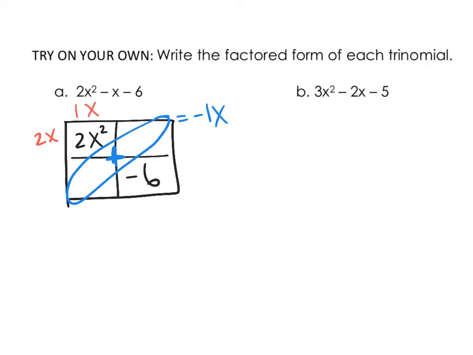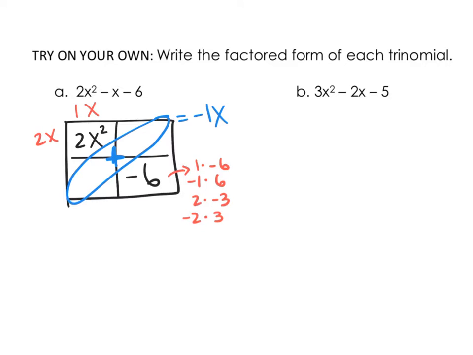Okay, then we needed to figure out what multiplies to be negative 6. Well, that could be a 1 times negative 6, negative 1 times positive 6, 2 times negative 3, or negative 2 times positive 3.